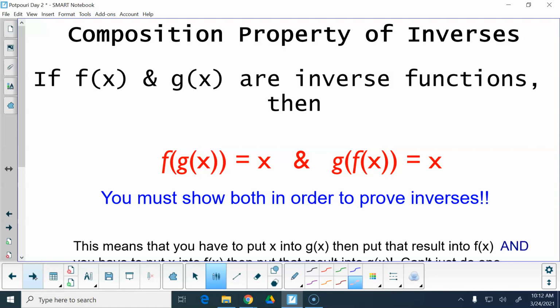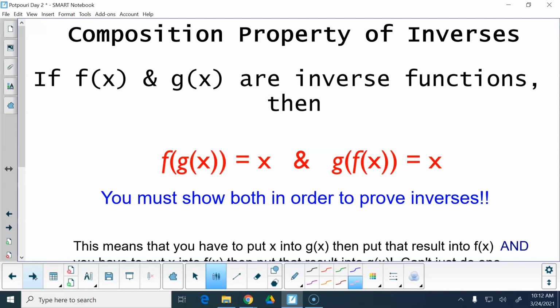So the property is, if you take f of x and you plug it into g of x, you should get out just x when you simplify it. If you take g of x and you plug it into f of x, you should just get out x.